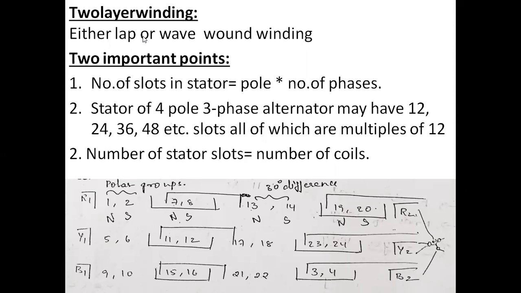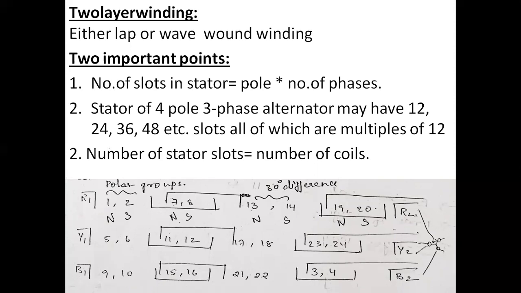It can be used for both wave or lap winding. The important points we have to discuss about this two layer winding: it is the simplest, and it is not commonly used in synchronous machines, but it is mainly used in induction motors.